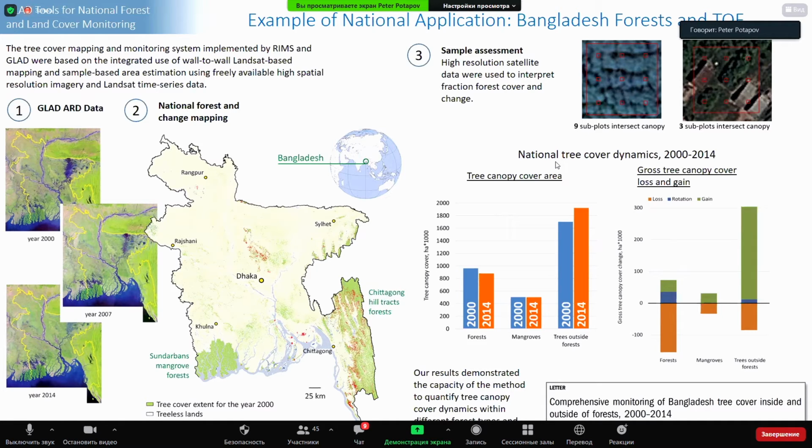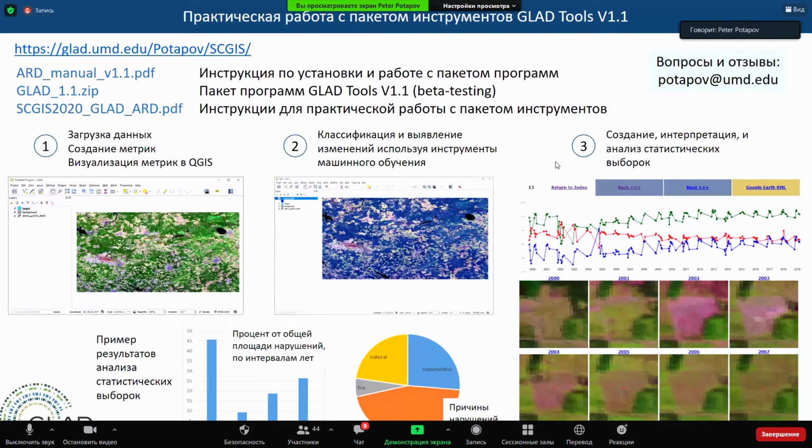We used stratified sampling to analyze changes of the tree cover, not only at the level of the Landsat pixel, but we also used super high resolution data. And the Forestry Department of Bangladesh used these inputs to analyze changes in different kinds of forests and also to make reports on carbon emissions.